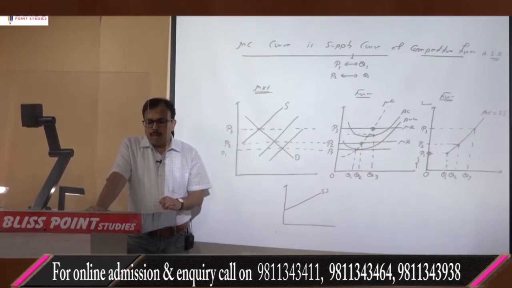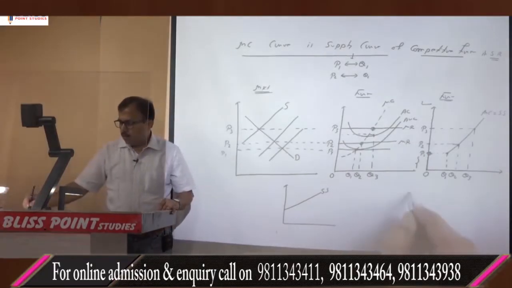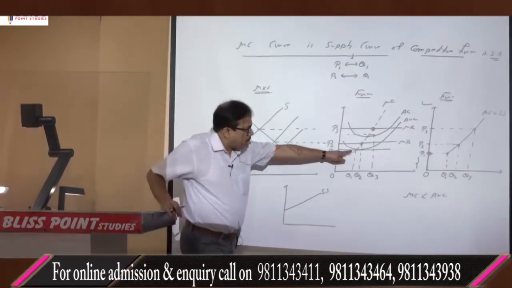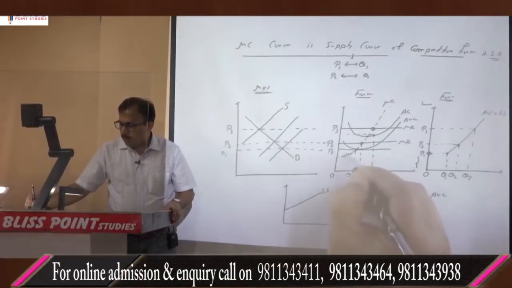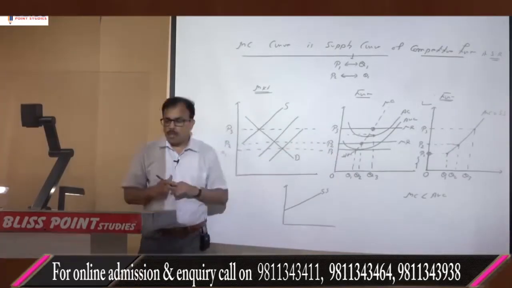Which lies above average variable cost curve. This is because when marginal cost is less than AVC, that means below that, this area, ये बस सप्लाई कर्व में ये एरिया इंक्लूड नहीं हो रहा है, this is not part of supply curve which is lower than the AVC.